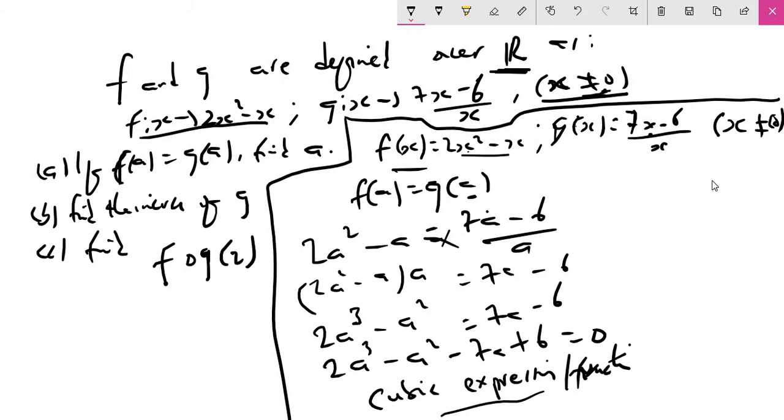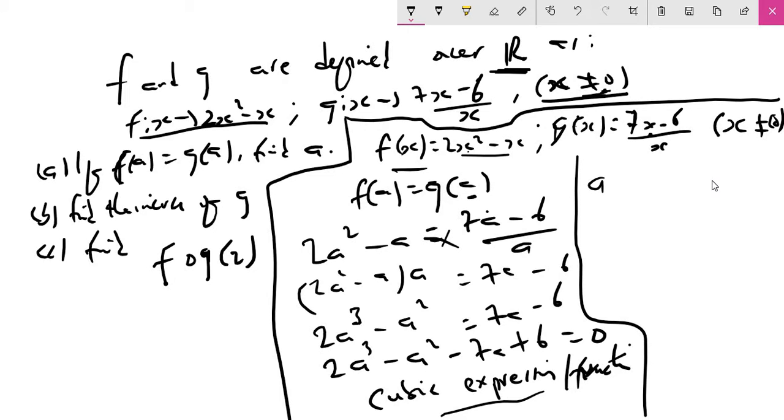Now, in future, when we tackle polynomial functions, I will solve questions on how to solve these manually. But for now, I'm just going to use a calculator to find the values of a.